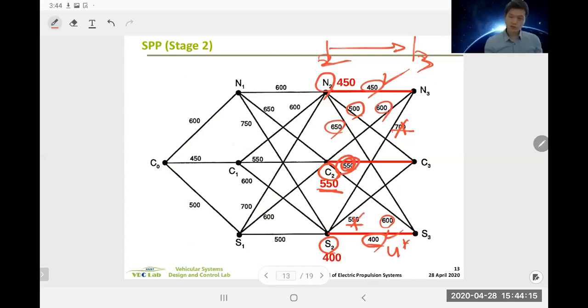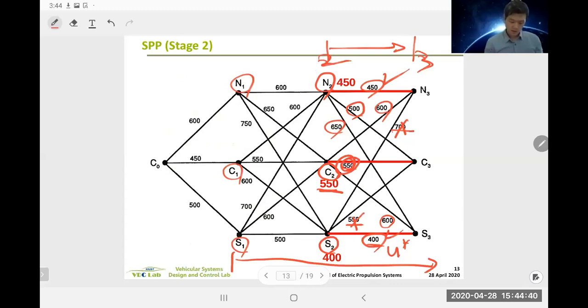And now let's back up one step. Now let's solve the stage 1, 2, 3 problem. You have 3 states, so you have to solve 3 problems.